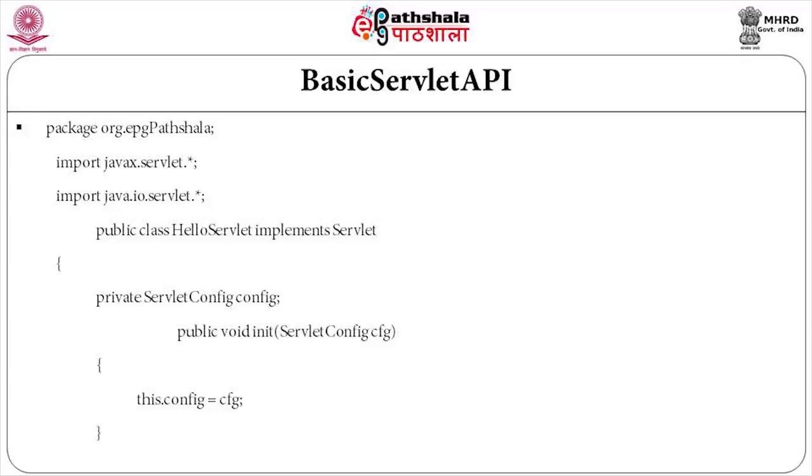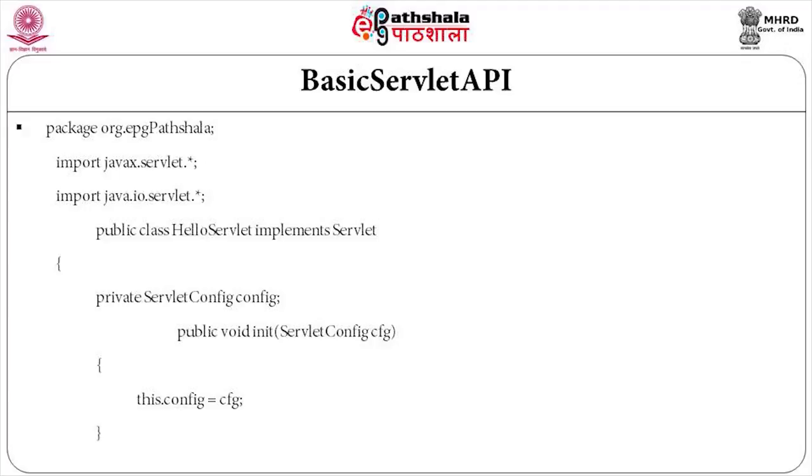Let us begin with the class definition. It should be a public class, which is one of a few requirements of the servlet. Your servlet must be a public class, and whatever servlet you write must have a default constructor available. The reason is that the creation is not your job, the creation is to be done by the container.